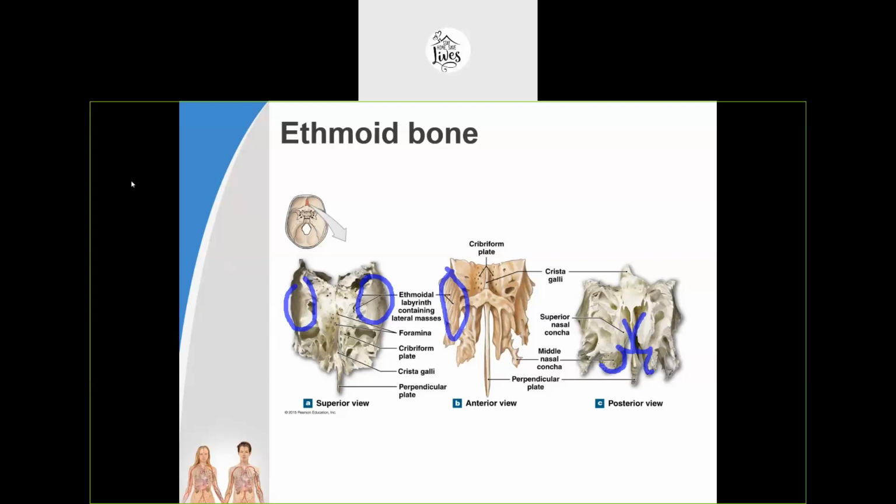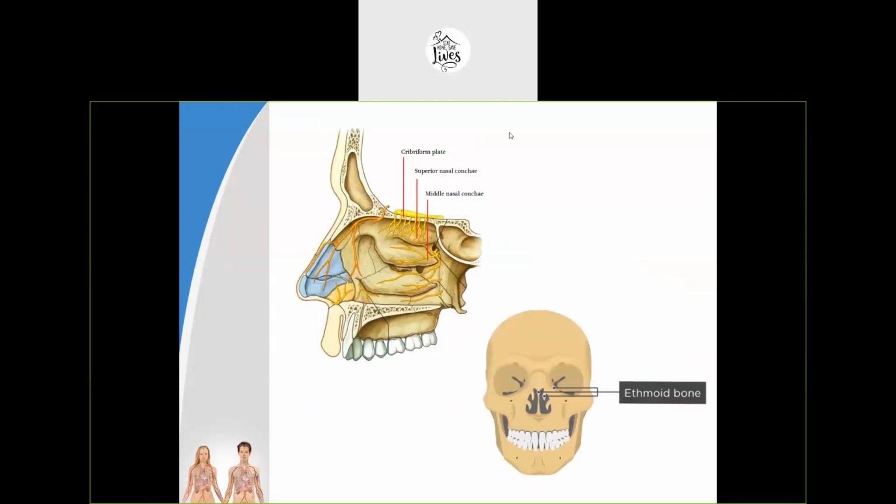Now, let me continue and show the other picture. This is again the lateral view where we find the perpendicular plate. First of all, this is the horizontal plate, the cribriform plate with its openings. Those openings carry the olfactory nerve fibers that are for smelling, so these nerves enter into the skull through these openings.